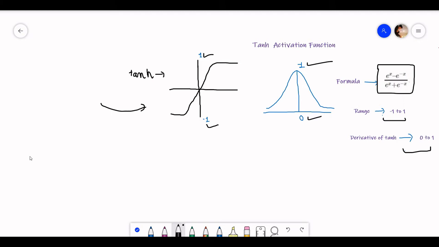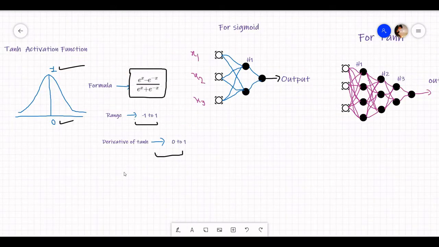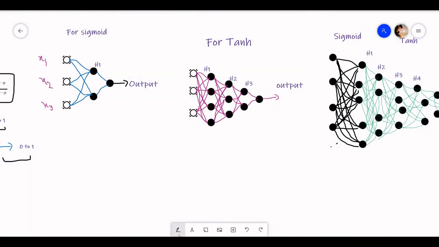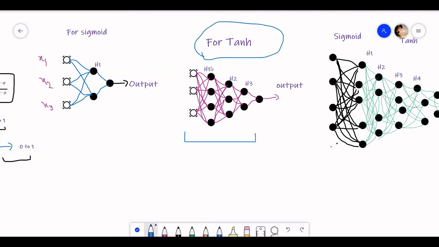If our neural network is deep, we can use tanh. But if it is a more and more deep neural network, then it won't work. If we have a small number of hidden layers, we can use a tanh activation function, but if it is more and more deeper, then our tanh activation function also shows the vanishing gradient problem.